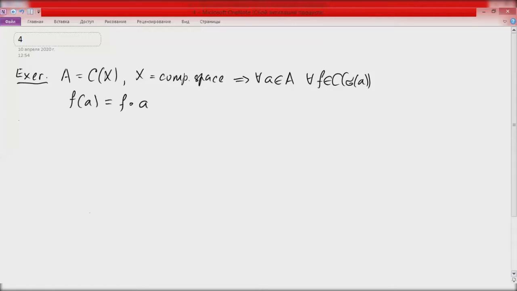And another exercise, which is maybe even more important.